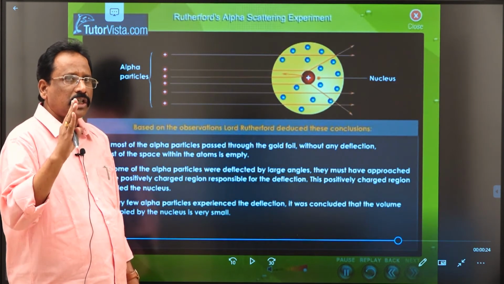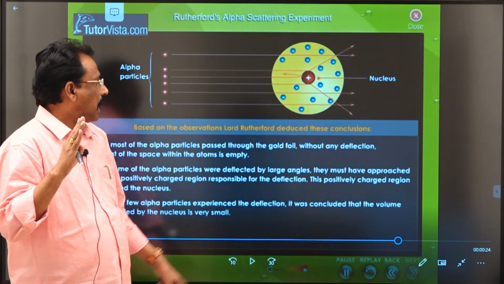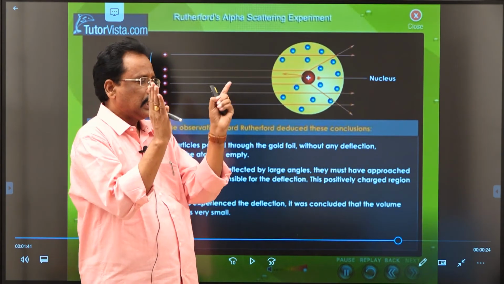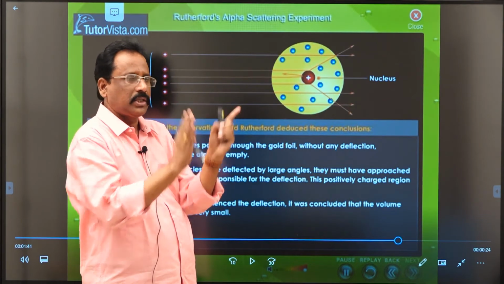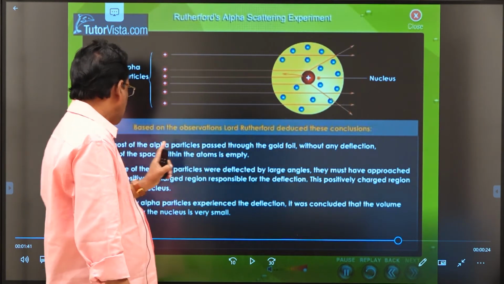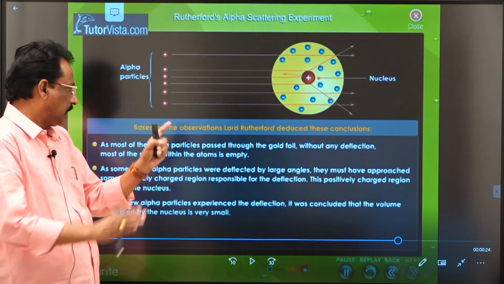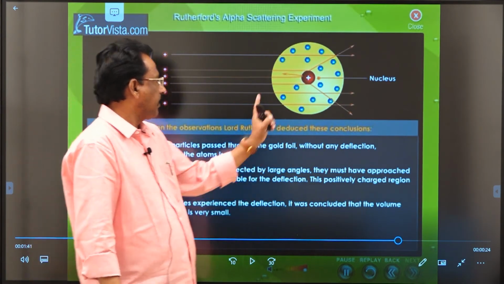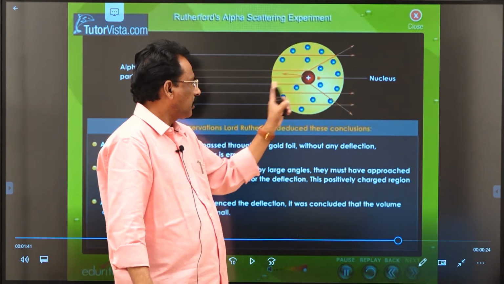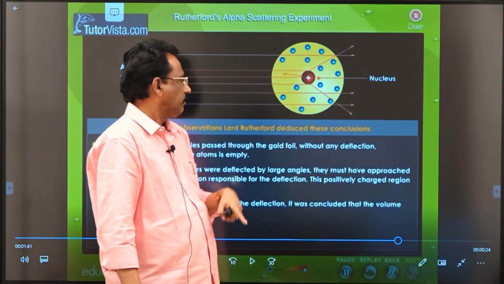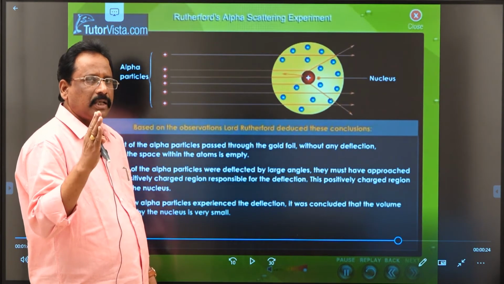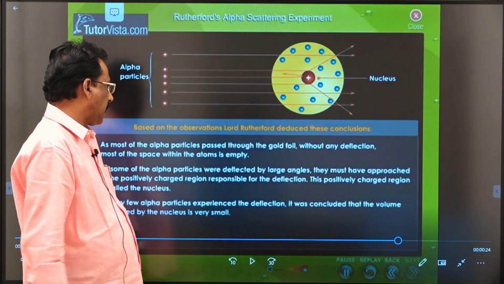Its charge is positive. Alpha particles have 2 units of positive charge. Like charges repel each other. That's why some of the alpha particles are scattered at larger angles, indicating there are repulsions between these two. That means in the atom there is a heavy positive charge concentrated at the center part of the atom.